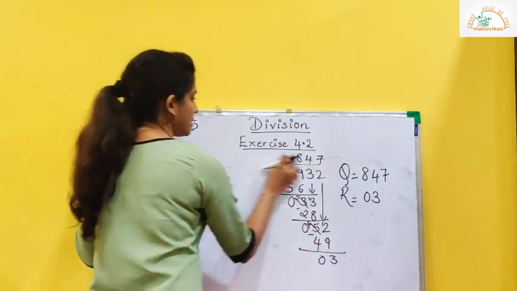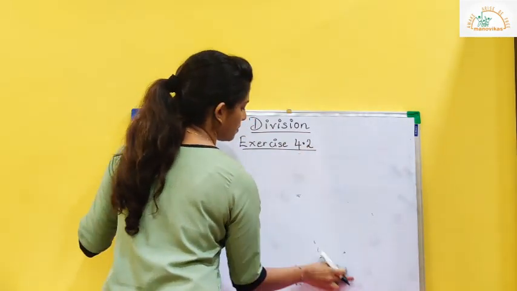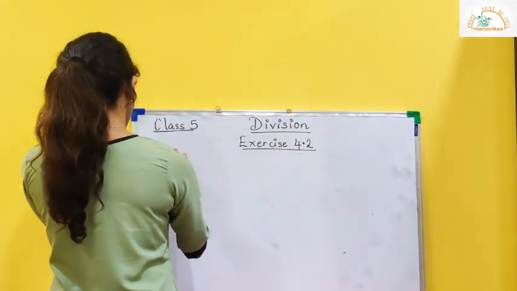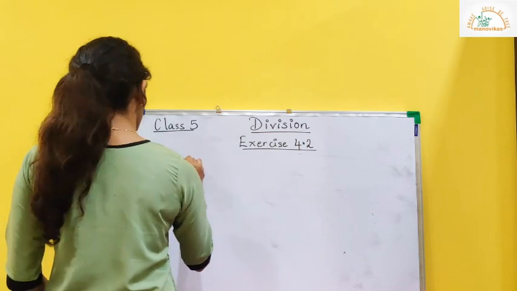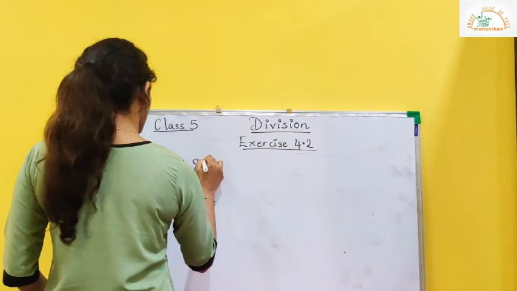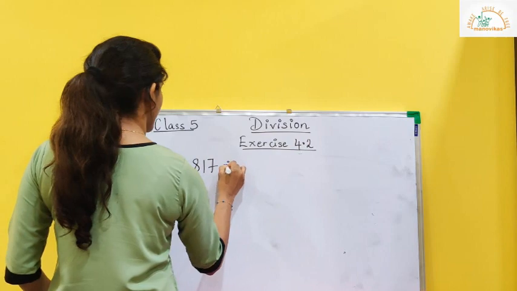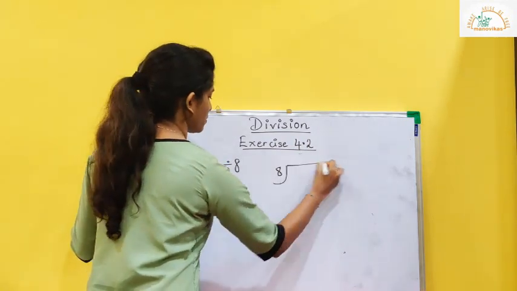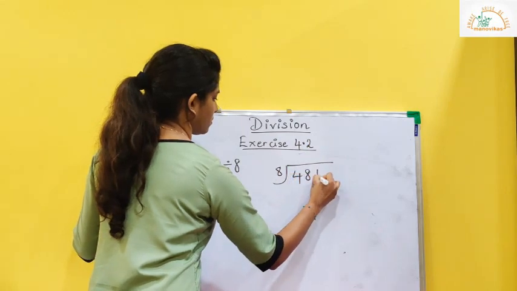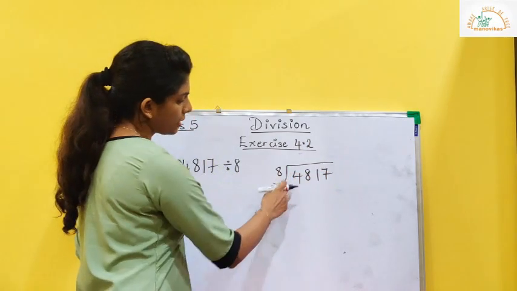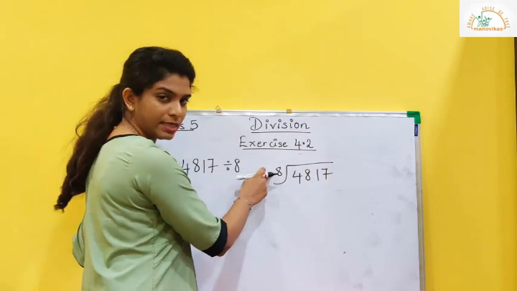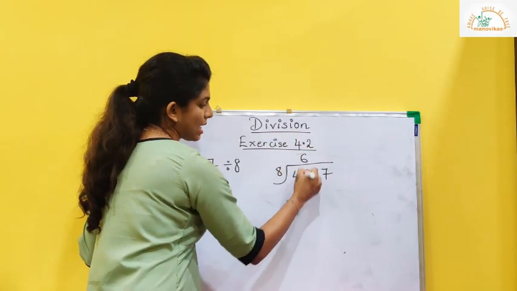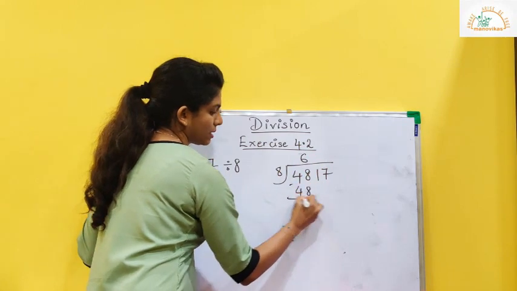Let's solve the seventh sum. 4,817 divided by 8. Now here 4 is smaller than 8. So I take 48. So 8 6s is 48.